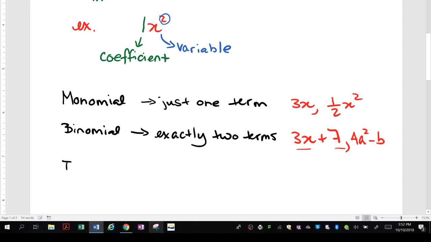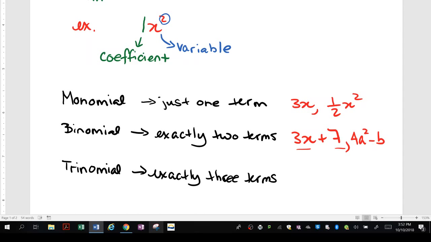The next one we like to classify is a trinomial. And a trinomial has exactly 3 terms. So an example of that might be 2x squared minus 5x plus 4.